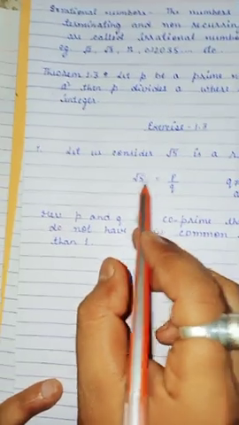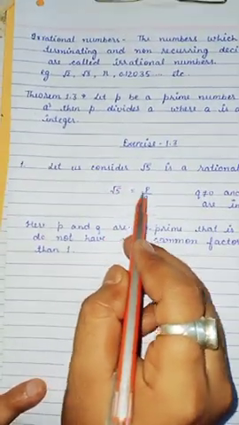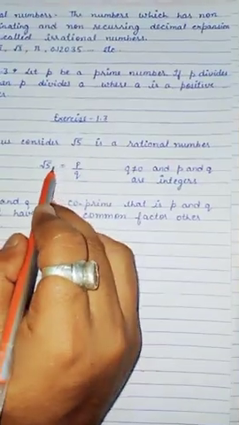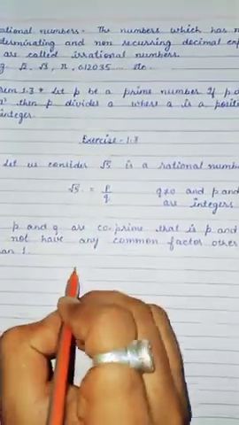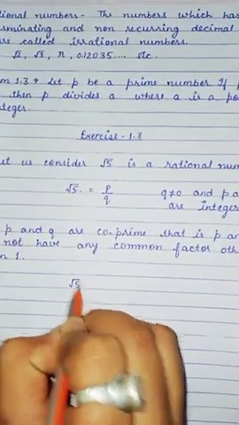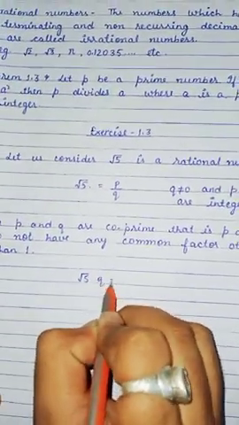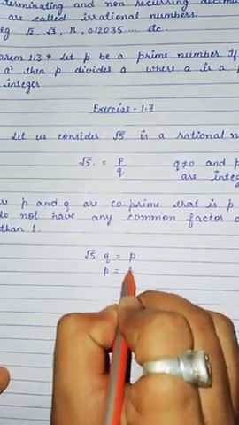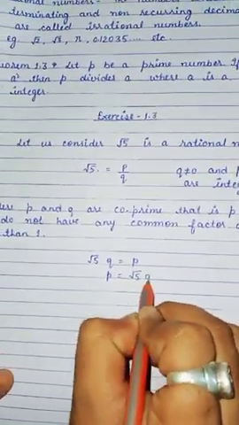Now concentrate on this. Square root 5 is equal to p upon q, so we can write this q going into multiplication on the left hand side, so we can write it as root 5 q equals p, or p is equal to root 5 q.